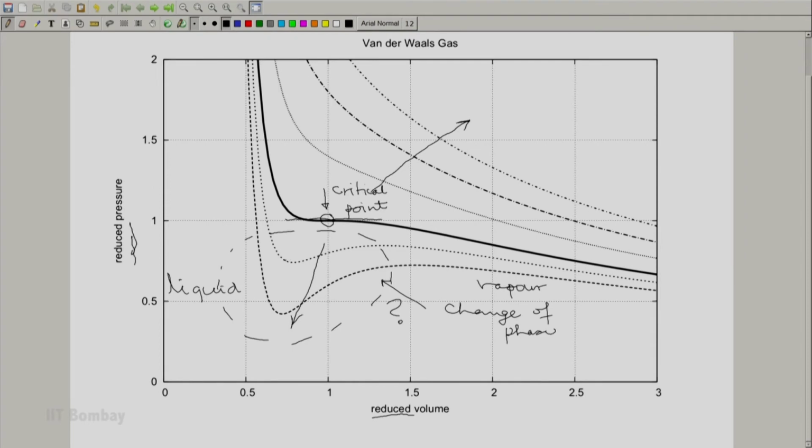And we know that the liquid vapor evaporation process takes place at a constant pressure if the temperature is given. So, at a given temperature you will have a variation like this.